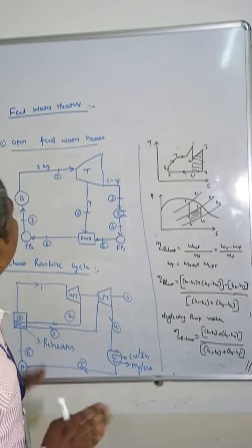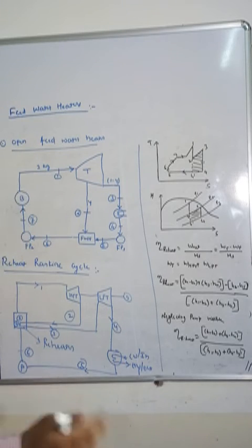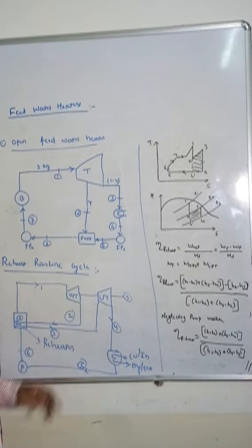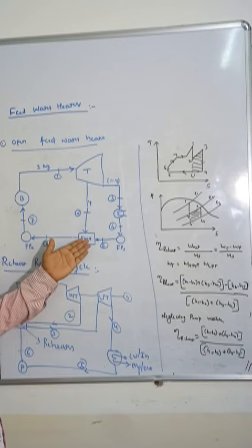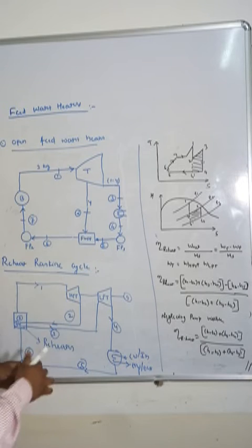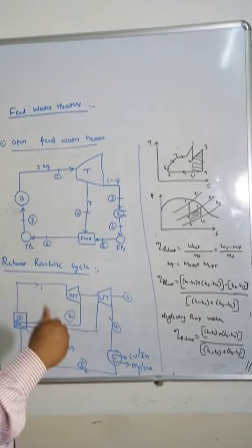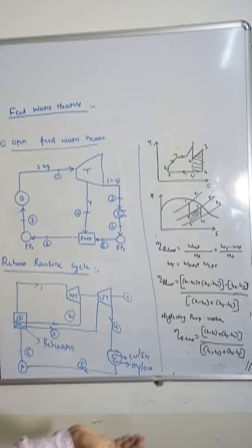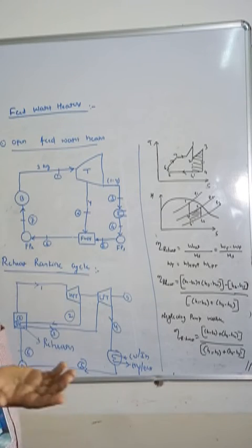So this is the open feed water heater. But what is the disadvantage? The steam coming in mixes with the water from the pump, but 100% of this steam does not convert into water. That is the drawback.